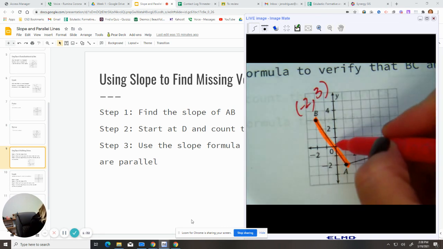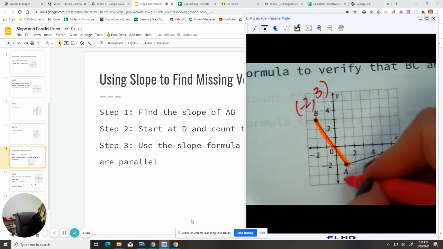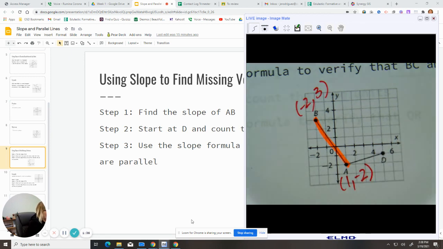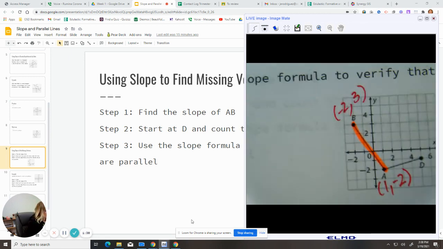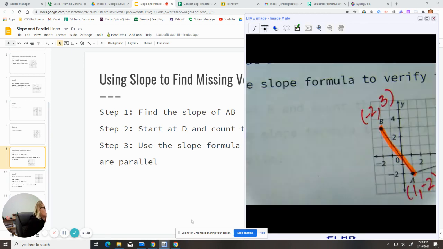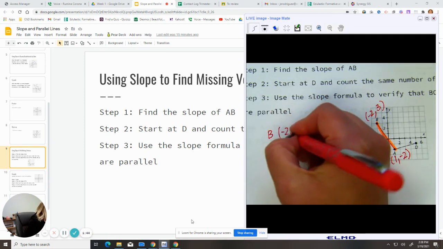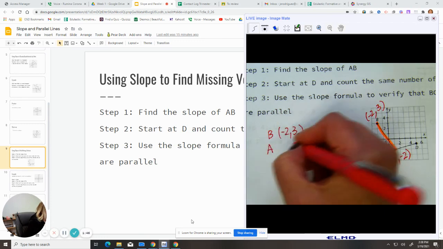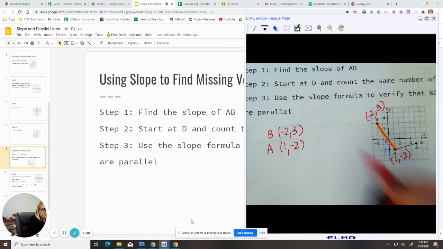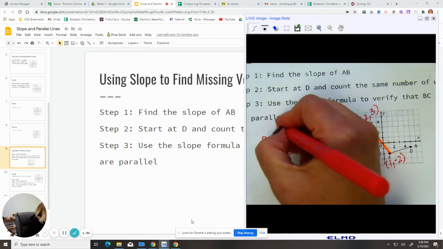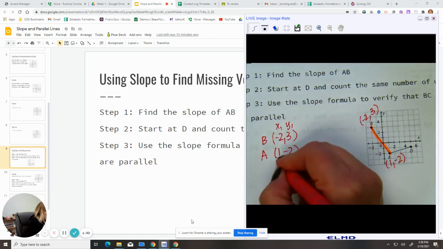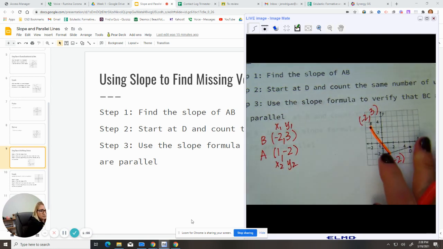And A is going to be over 1 and down 2 in the negative direction. So I'm going to just put them over here. Let me zoom out just a little bit. B is -2, 3. A is 1, -2. We're going to call this x1, y1. We're going to call this x2, y2.